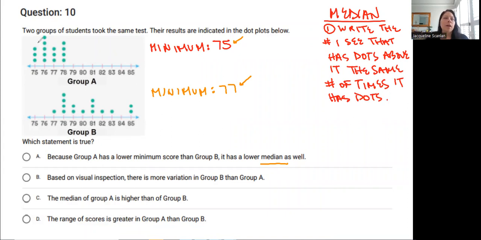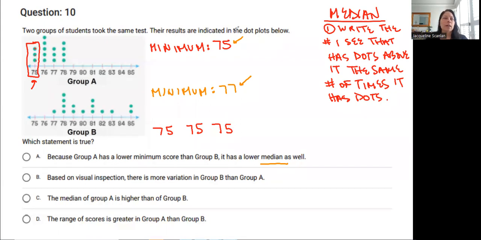So I'm going to go to group A. I'm writing in red, so I'm talking about group A. I see 3 dots above the number 75. That means that the number 75 appeared 3 times in that data set. Okay, so I look at the number that has dots above it. I see how many dots there are, and I write that number down that number of times.